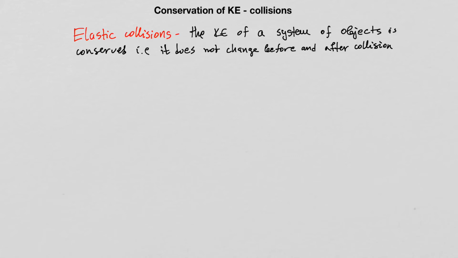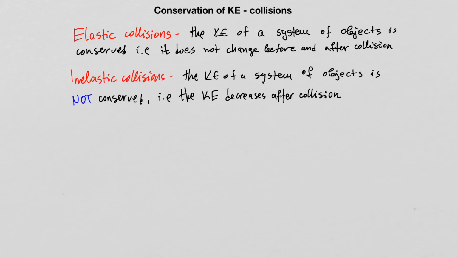This is not the case when we have inelastic collisions, where objects will deform during collision. During inelastic collisions, the kinetic energy of a system of objects is not conserved, which means that the kinetic energy after the collision will be less than the kinetic energy before the collision.